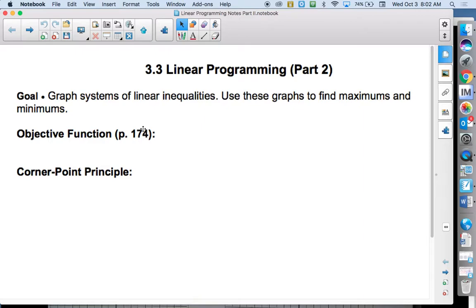But we'll be looking at a word problem. So this is the last little piece to graphing inequalities, placing an application to it so we actually have something to think about when we're trying to find the max or the min.